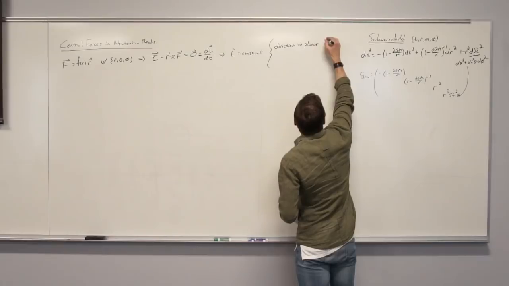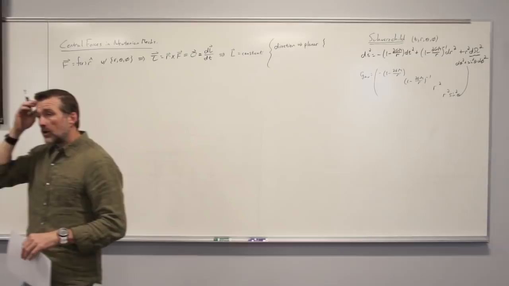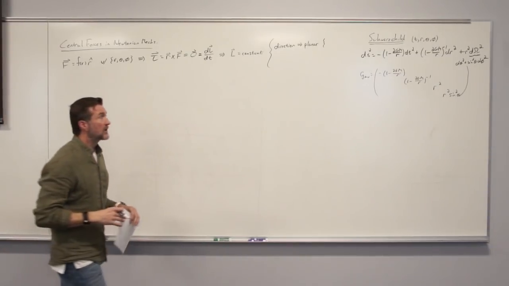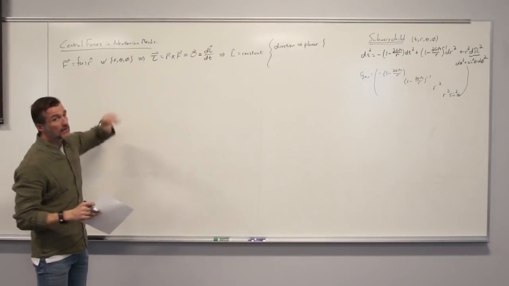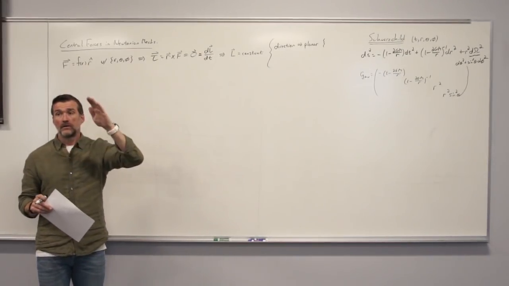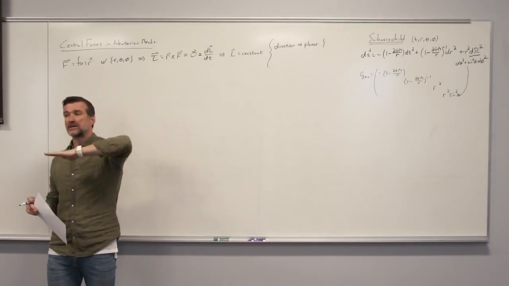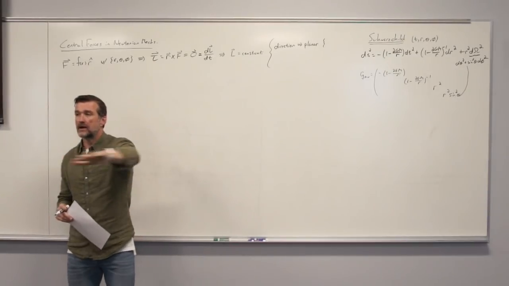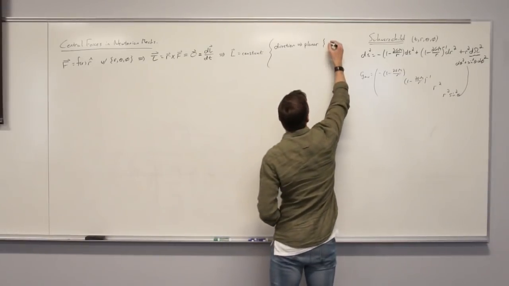So because we're free to pick our coordinates, we're going to choose our motion to lie in the plane identified by theta equals pi over 2. That's the polar angle; it usually goes from 0 to pi. We're just going to pick it so that all of our motion is happening in the pi over 2 plane. It'll just simplify expressions, and we don't really lose any generality from it.